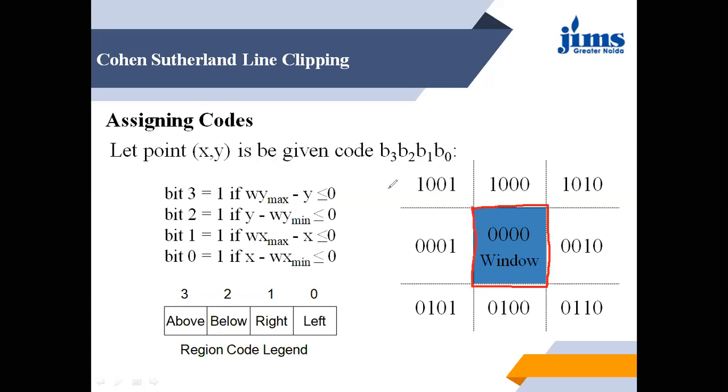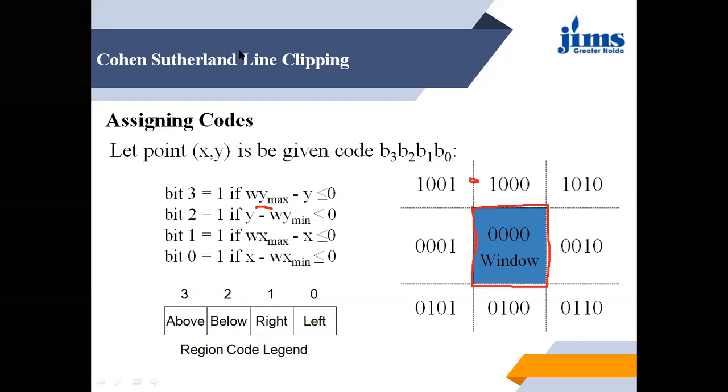There is another way in this, that we can check this by using the values of w max minus y. When we have to check the third bit, that is, whether it is above or not, we will subtract the y value of the region.